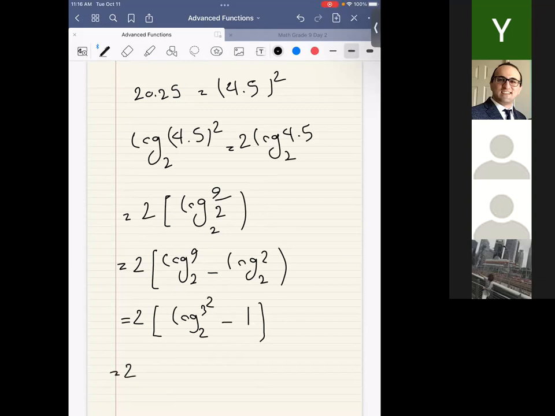So it is equal to 2 times 2 log 3 minus 1. And log of 3, we know, is equal to t. So if we want to write it in terms of t, it's just 2 times 2t minus 1.